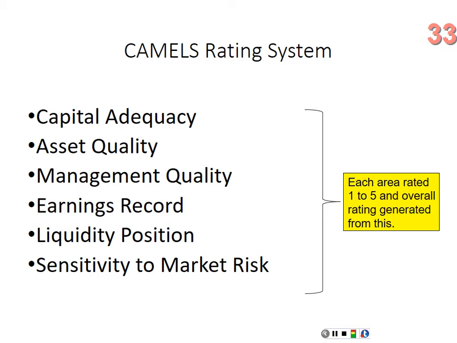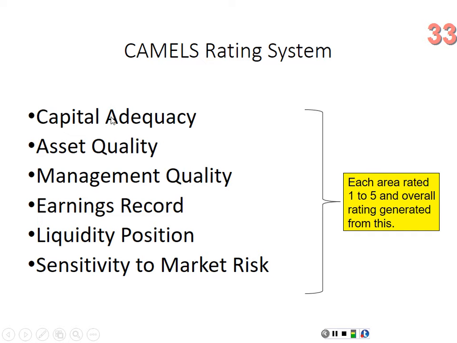So when an examiner comes in, they examine all 6 of these areas. They rate each one, a 1, a 2, a 3, whatever it might be. And then based on each of these component ratings, they give the overall rating.